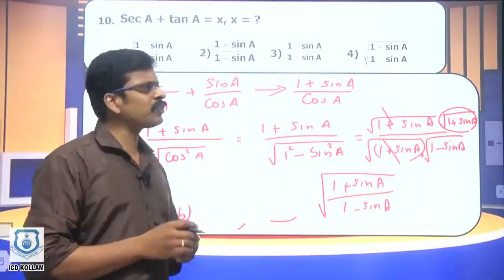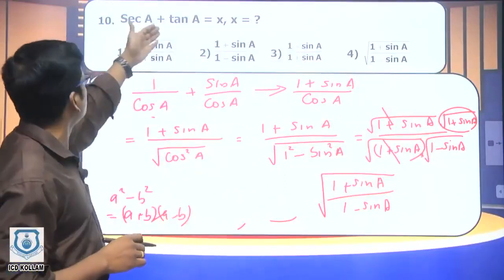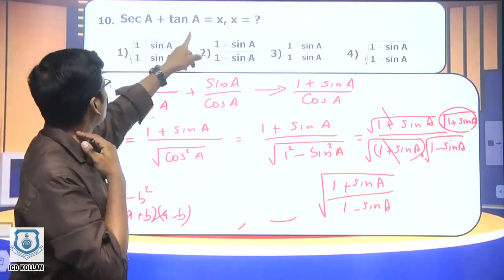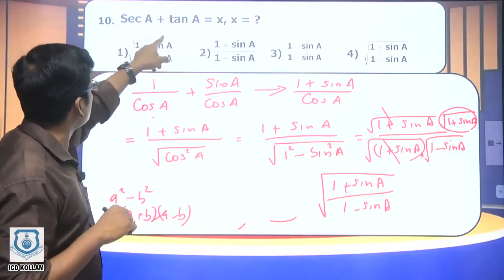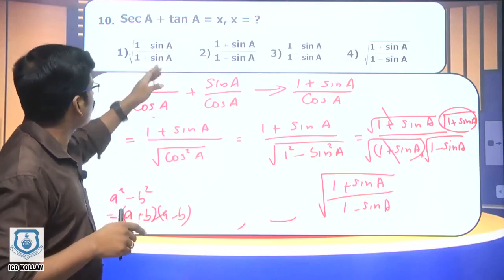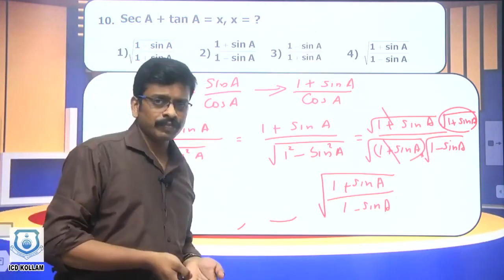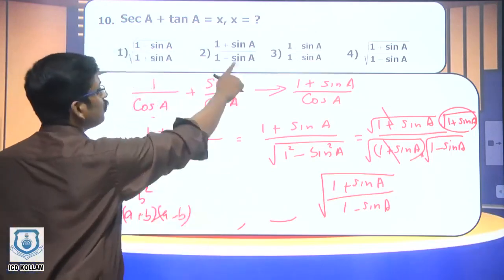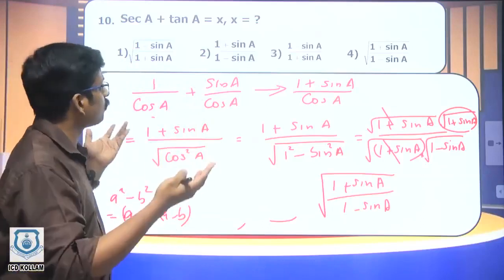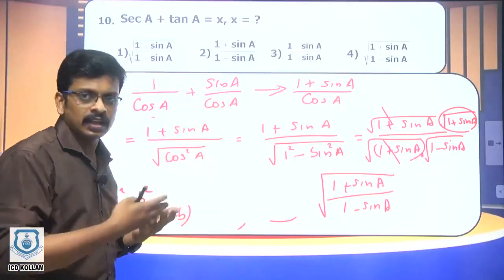Now this question we can solve by putting any value on a, but it is not possible to put 0 or a value like sin 0, because while putting 0 all these values are the same, so there is no possibility to identify which one is correct.